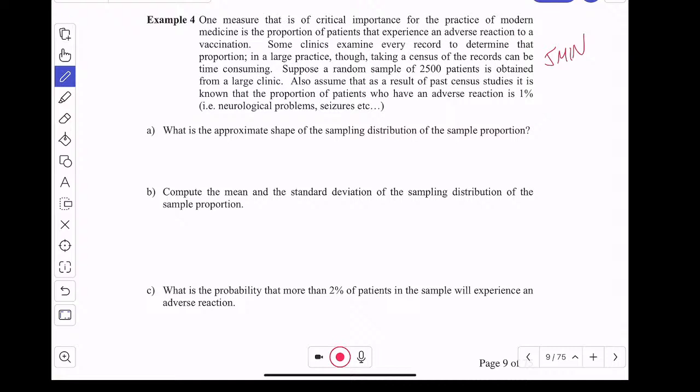Okay, don't forget to refresh your screen if it gets blurry.